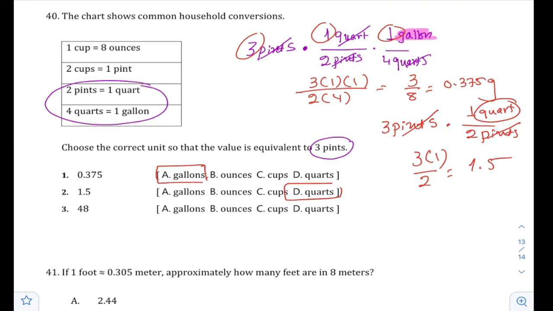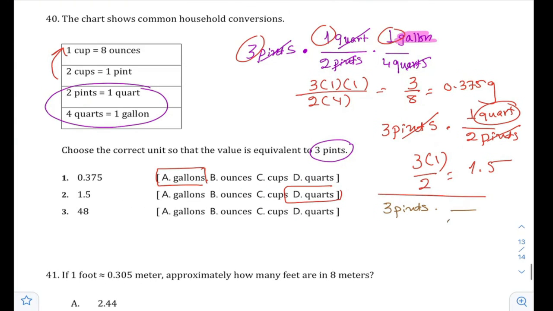What if I want ounces? Now I'll go back here. I know that, let's choose another color here. We want 3 pints to be converted to ounces. So we know that 1 pint is 2 cups. And 1 cup is 8 ounces.